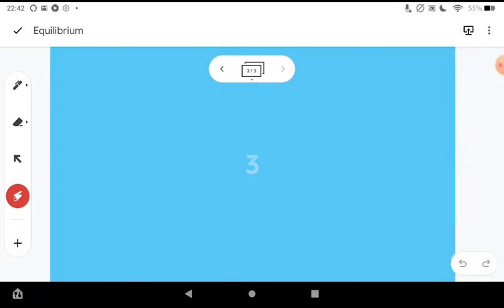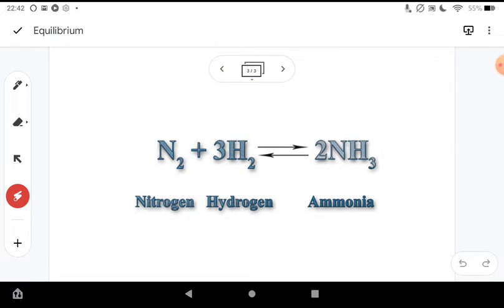conditions, and we're going to use a reaction called the Haber process, and this is the reaction that goes on here. Now, the important thing to note is that you have an arrow going in both directions. Unlike a conventional reaction where you just have an arrow going in one direction, you will get a symbol that normally looks a little bit more like that, that shows that the reaction is going in both directions.